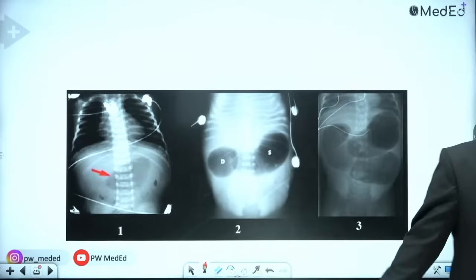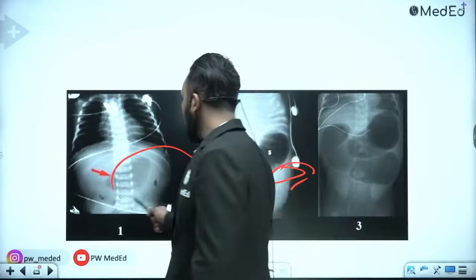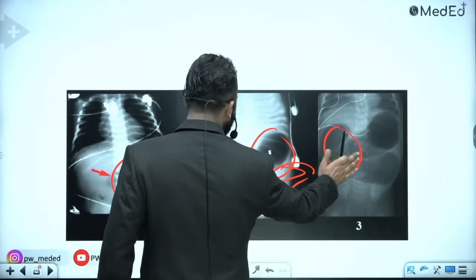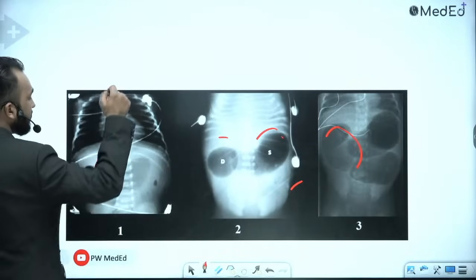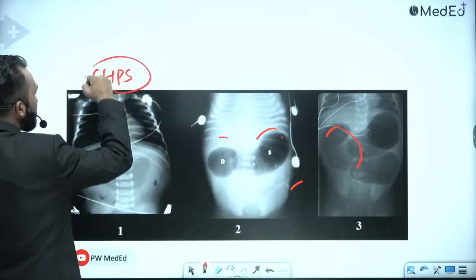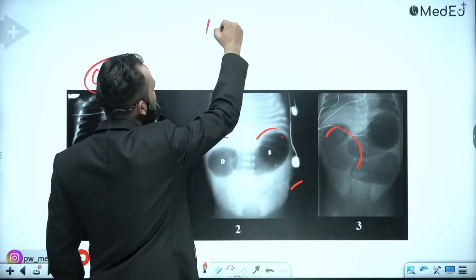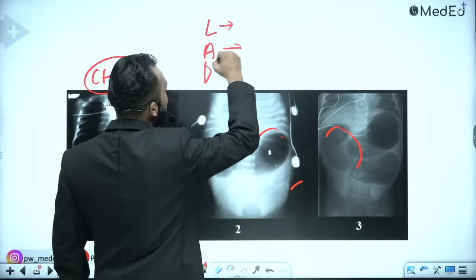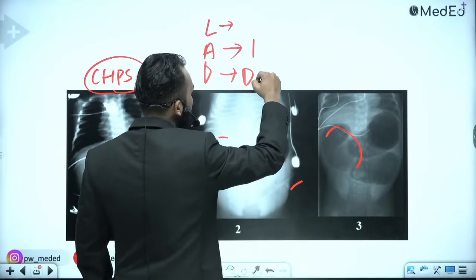Okay. So three images: single bubble, double bubble and triple bubble appearance. So single bubble sign is seen in congenital hypertrophic pyloric stenosis. Double bubble sign is seen in, mnemonic is LAT: Ladd's bands, annular pancreas and duodenal atresia.